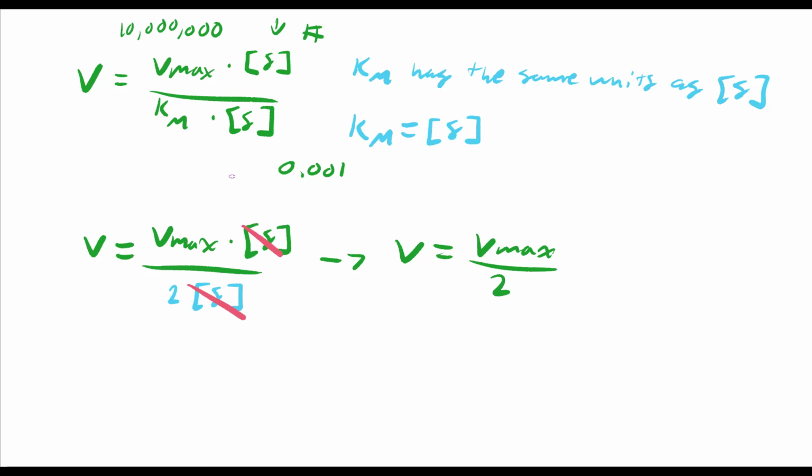And so we can say that a small Km, let's do that right here, a small Km can achieve a huge velocity.